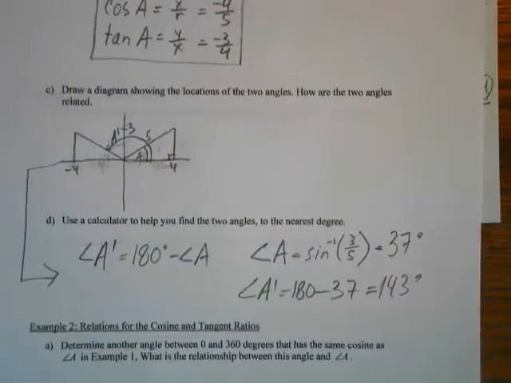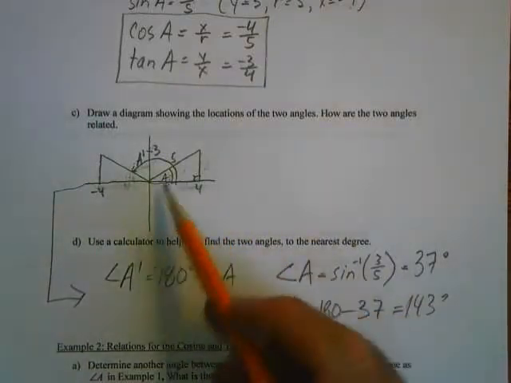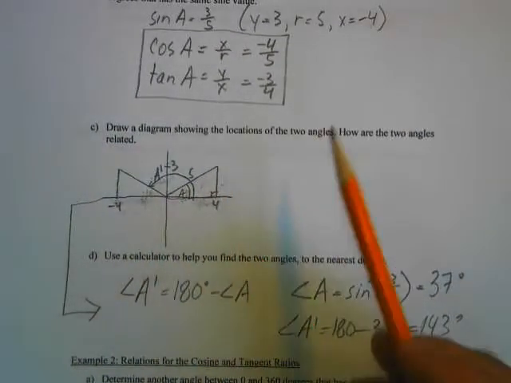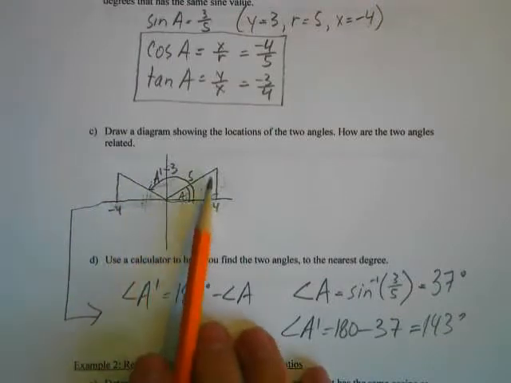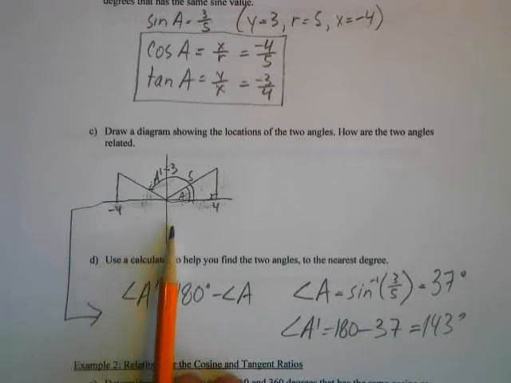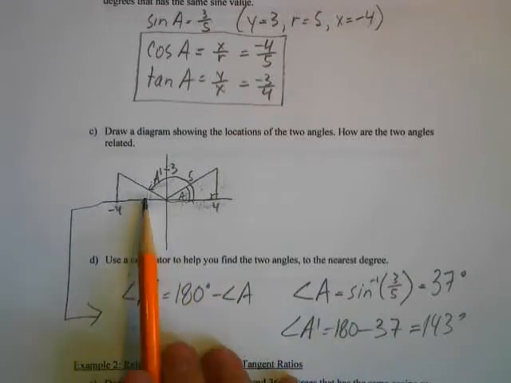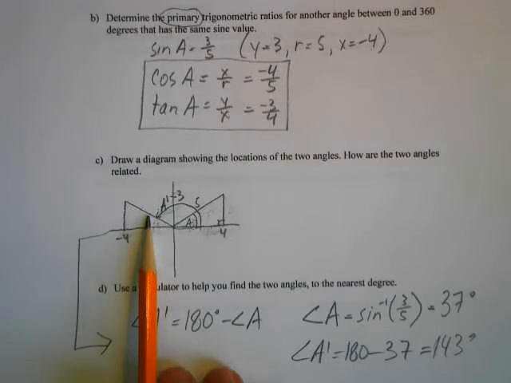Okay, so one thing I want you to notice here, I have to intelligently figure out what that second angle is. If the angle's not in the first quadrant, you're going to have to do it. You can't just plug in, well, I know the sine ratio for the second angle is also 3/5.